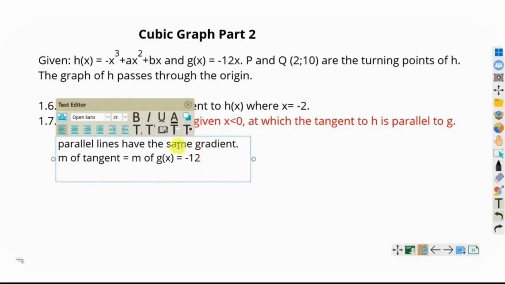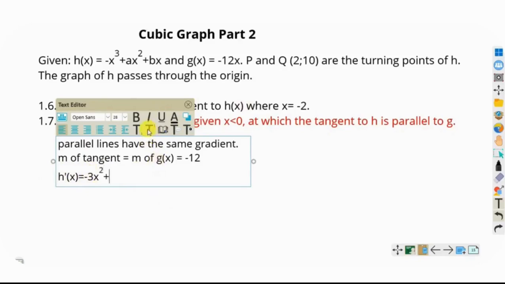We already have the gradient value, so we'll just equate it and solve for x. The derivative of h is negative 3x squared plus 3x plus 6. We did the derivative in the previous questions, so it's easier to just write it down.